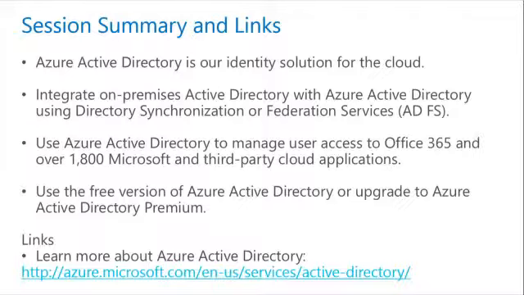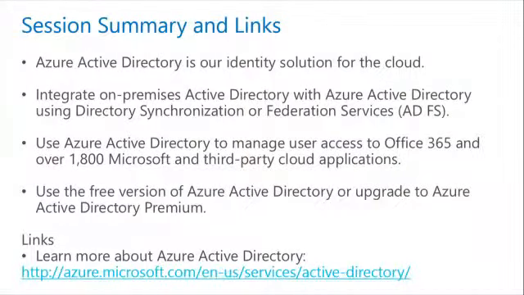Basically, we talked about Azure Active Directory as our main identity solution for the cloud, and we talked about how it integrates with Active Directory on premises. So make sure you choose the method that you want to integrate. If you're an SMB partner, Todd and I highly recommend going with directory sync with password sync. It's a great option.